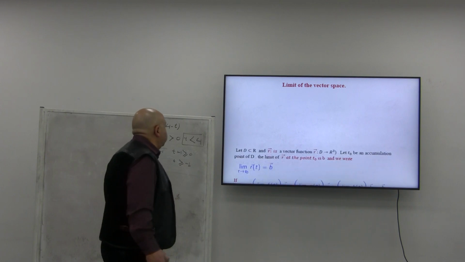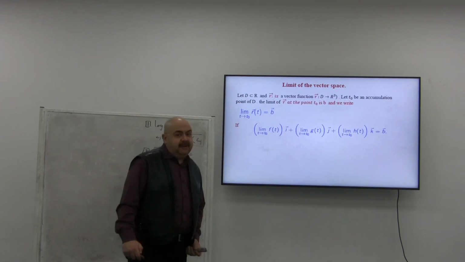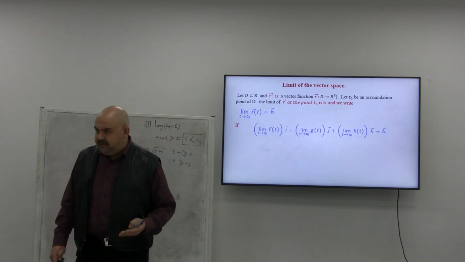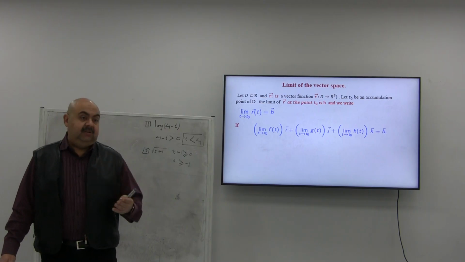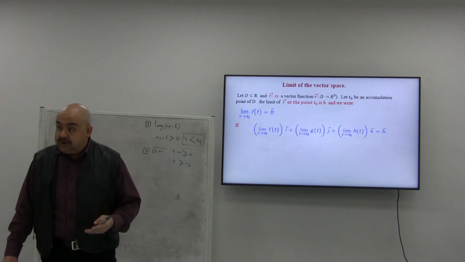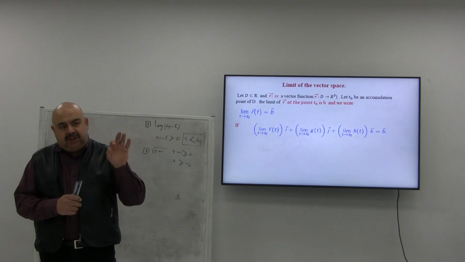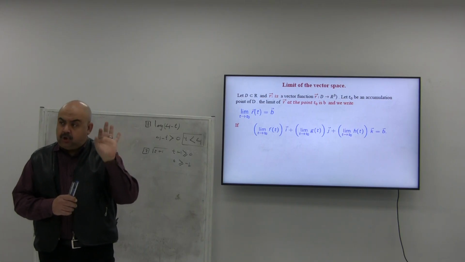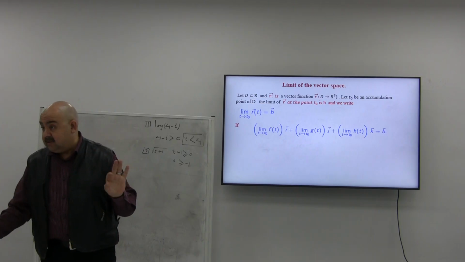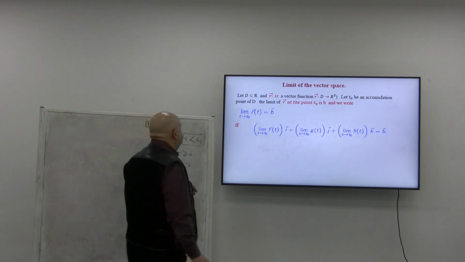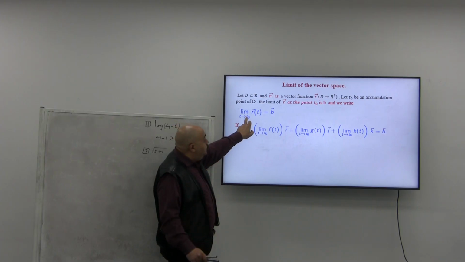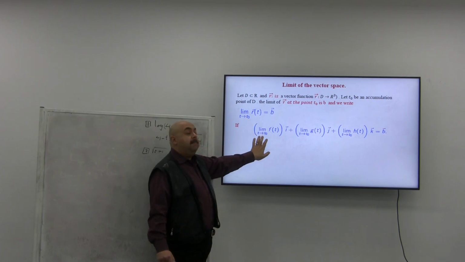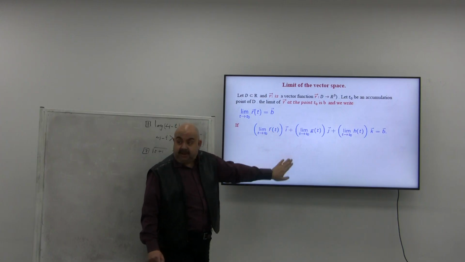The next question: the limit of a vector function. If I want to get a limit of a multi-variable function in parametric representation, I will have to take the limit of each one of these canonical bases. So if you are taking a limit as t tends to t0, you will do this for the i part, the j part, and the k part.